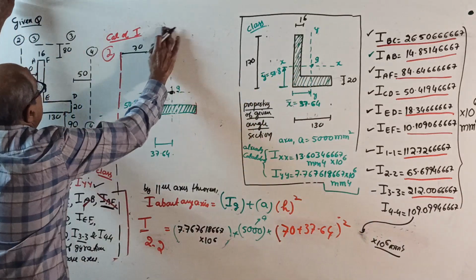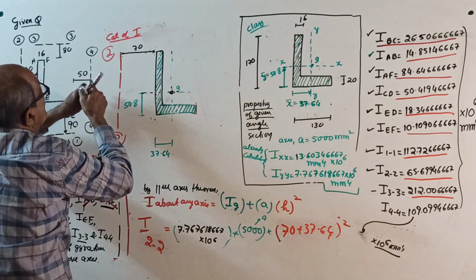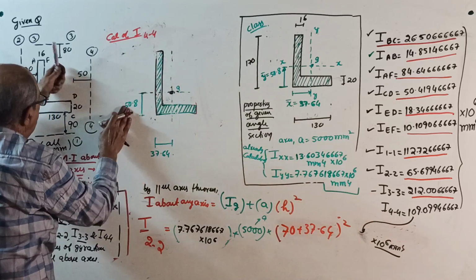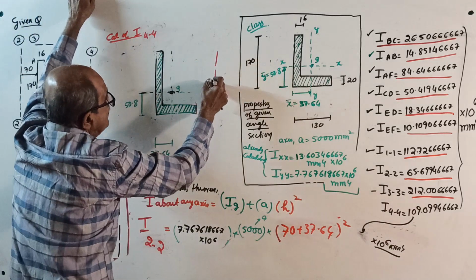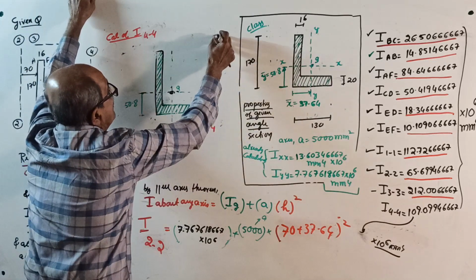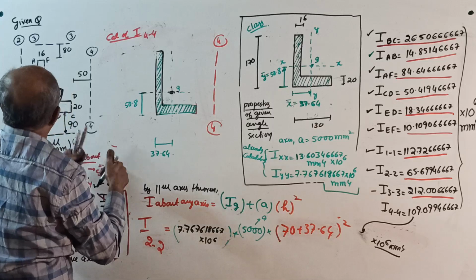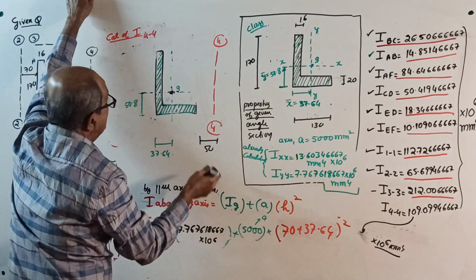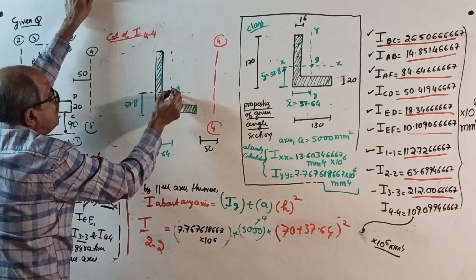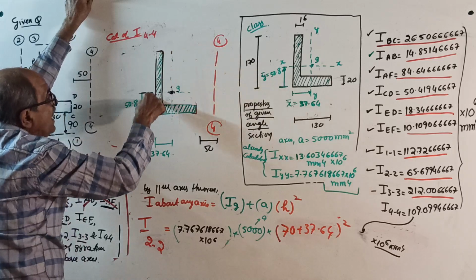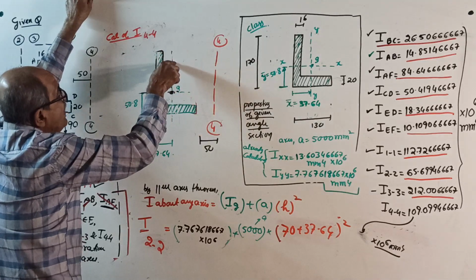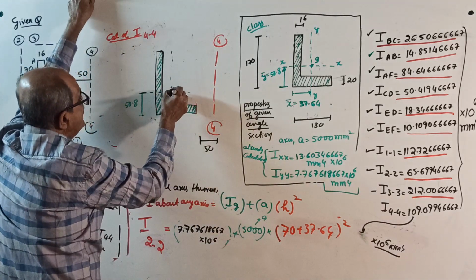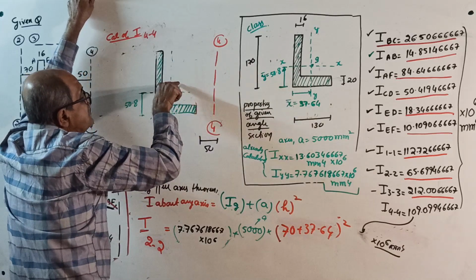Lastly, I about 4. Where is 4? 4 is here. In the question they told, it is at 50 mm from here. If you want I about 4, first I about the centroidal axis for the entire angle, this IG, plus area into the distance from centroid to this one, squared.